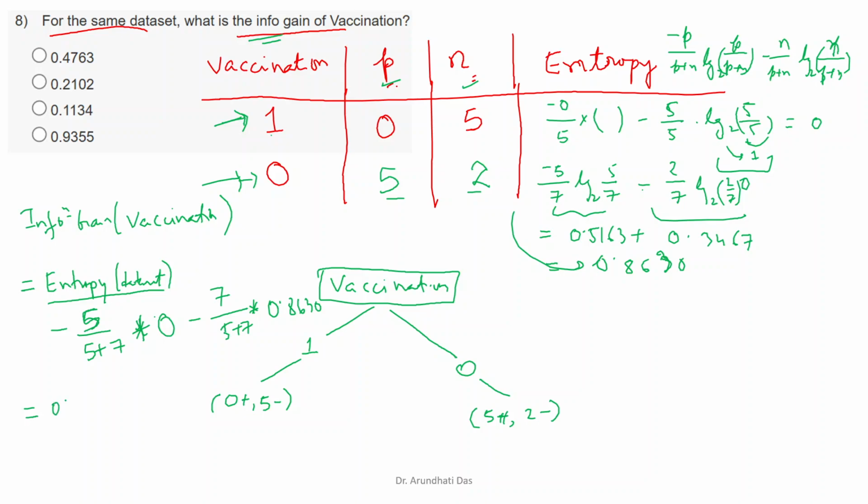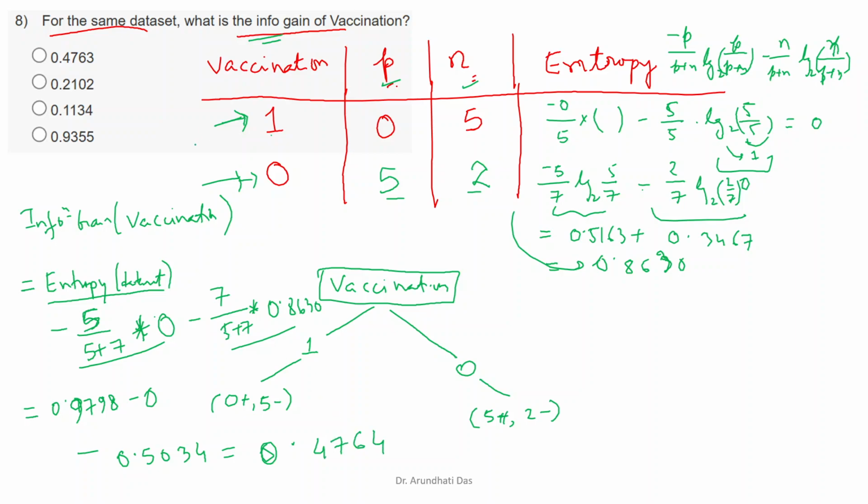So 0.9798 minus 0 minus this entire value, which after calculation is 0.5034, so the final value is 0.4764.